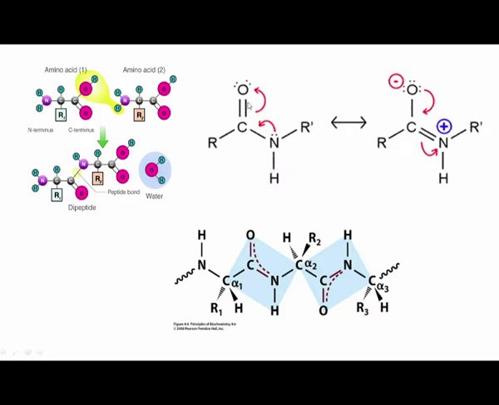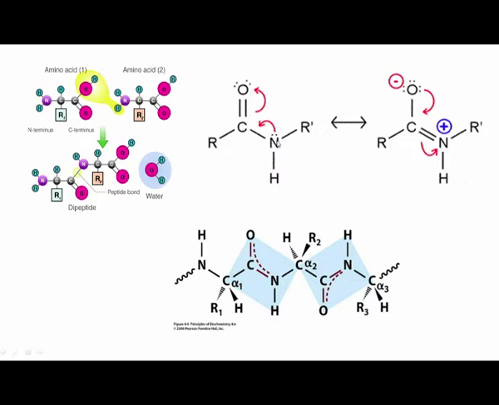Now, we already know that oxygen is an electronegative atom. That means it tries to pull a pair of electrons towards itself, and nitrogen, after formation of these bonds, has a lone pair of electrons. Now, what happens when this oxygen tries to pull this pair of electrons towards itself?